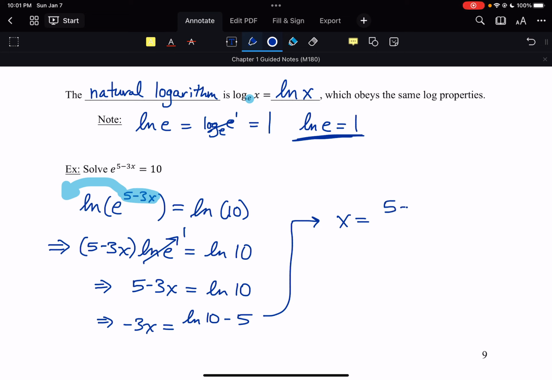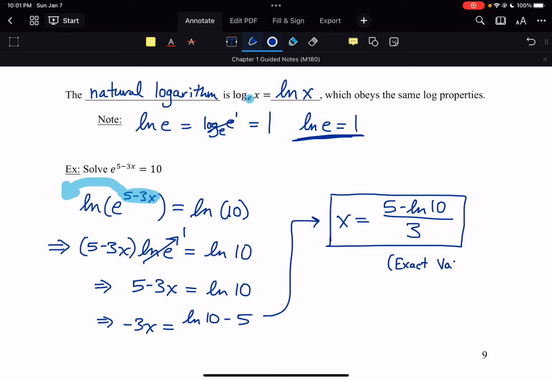So that's going to be 5 minus ln of 10, all over 3. And that's going to be our exact value for x. So again, this is our exact value.